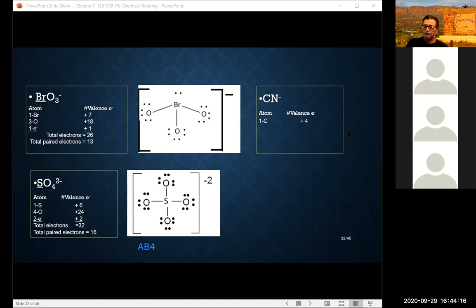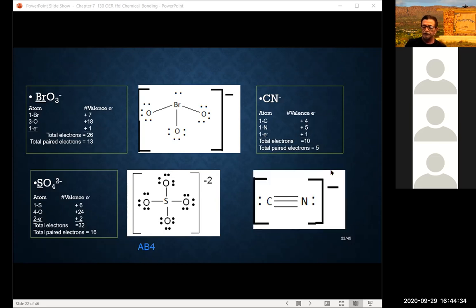So 1 carbon brings in 4. 1 nitrogen brings in 5, and then it's a negative anion, so we're going to add 1 pair, which again gives us 10 valence electrons, or 5 pair. We put the carbon and the nitrogen and just put the electrons around, and we end up with that structure. Notice there are 5 pair around both the carbon and around the nitrogen.